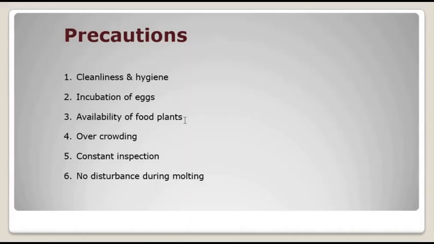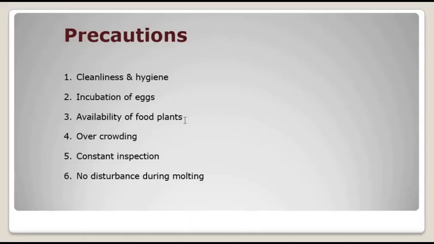Constant inspection is required, to check whether the larvae are suffering from some kind of disease, whether their skin has become brittle, or some kind of spots develop, or dryness is there, or blackish spots are there, or whether they are showing some kind of wriggling movement, or any other such unusual feature.